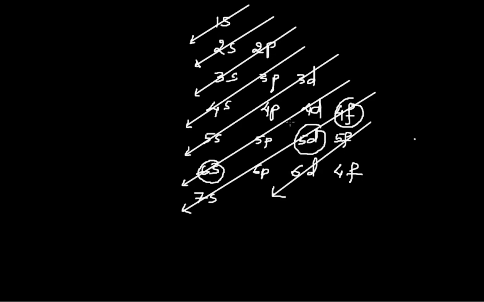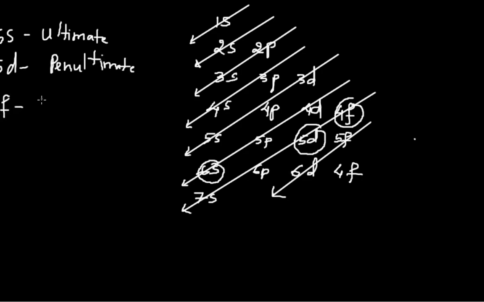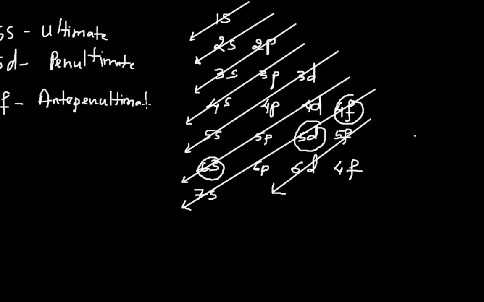This is the order in which they are filled. 6s will become the ultimate energy level for lanthanides, 5d will become penultimate, and 4f will become anti-penultimate energy level.